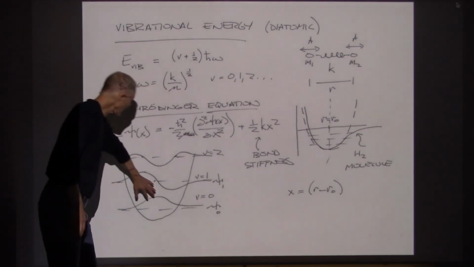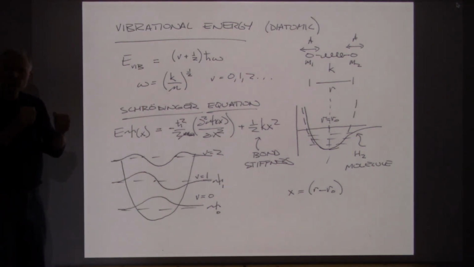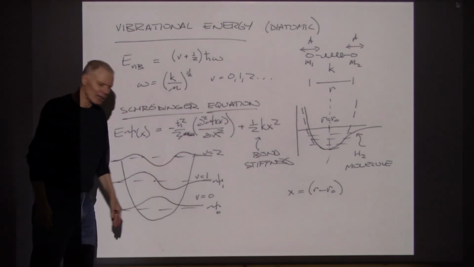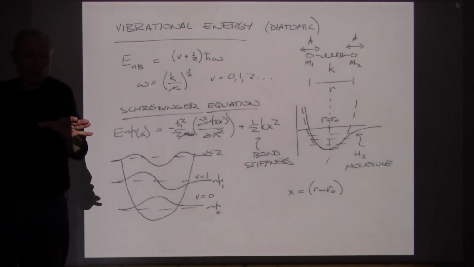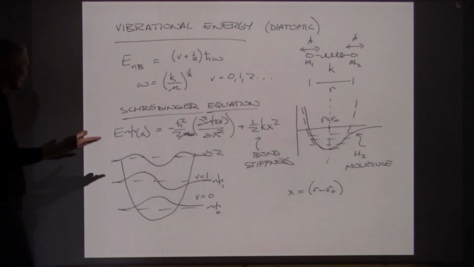So again, in the ground state, the probability density is built up near what we call the bond length for that compound. In the first excited state, there's a pretty good probability of it being a little shorter than the usual distance or a little longer, but there's no real probability of being right at the average bond length.